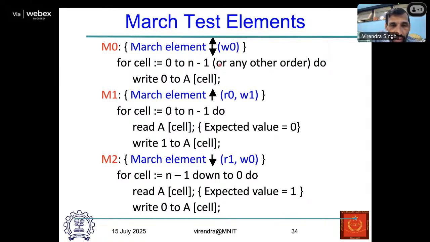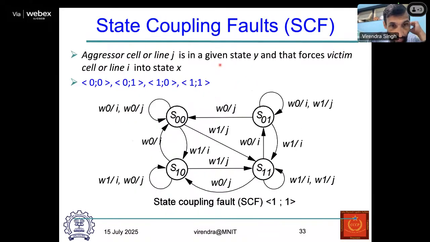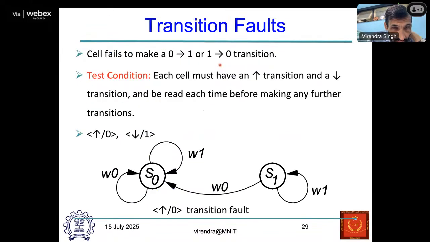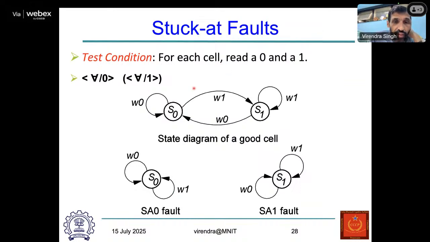Now how should I test these particular faults? That's the major concern. Now we have seen stuck-at faults and we have the transition faults. First, let's look at the stuck-at and transition faults and how they behave. In the stuck-at case, we have looked at how this state machine changes to either this state machine or this state machine.